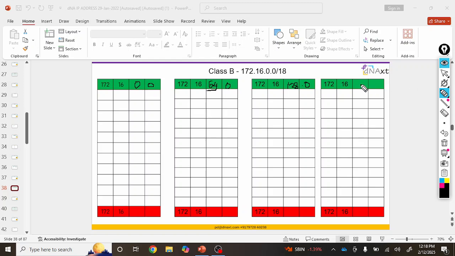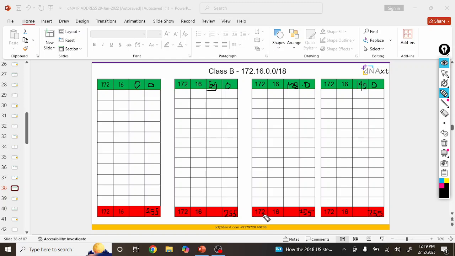So while writing network ID, we will keep it 0, because by definition, network ID is that ID where all the host bits are 0. And when all the host bits are 1, that is your broadcast ID. So the host octet will definitely go as 255, because by definition broadcast ID is that ID in which all the host bits are 1.